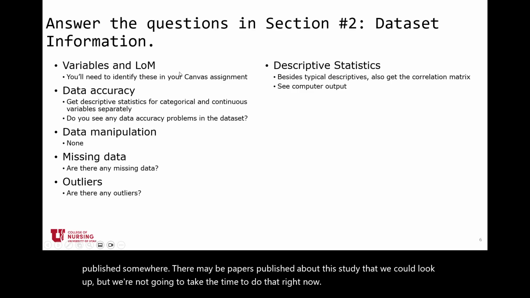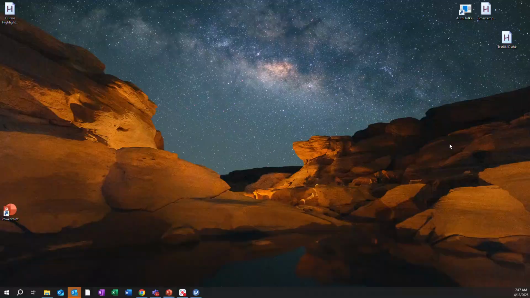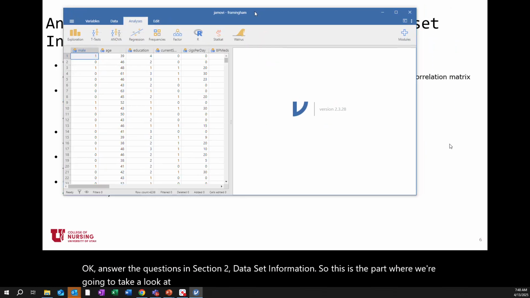Okay, answer the questions in section 2, data set information. So this is the part where we're going to take a look at the variables in this data set.